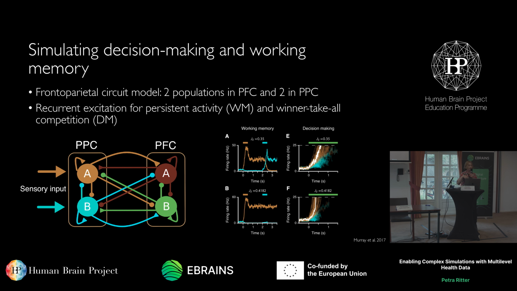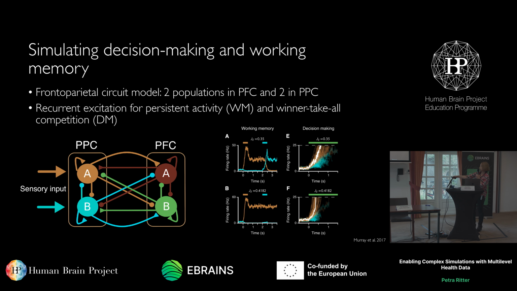So if a population is stimulated and then it reaches, because of the recurrent self-excitation, a high activity persistent level, this means this neuronal activity level represents a working memory trace. On the other hand, there's also winner-take-all competition between these populations because they are mutually inhibiting, as you can see here. And the winner-take-all competition is decisive for simulating decision-making.